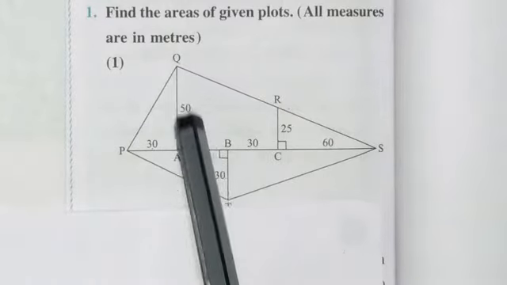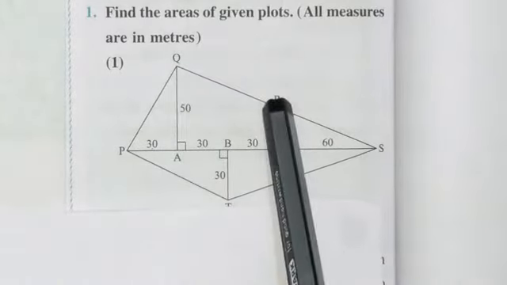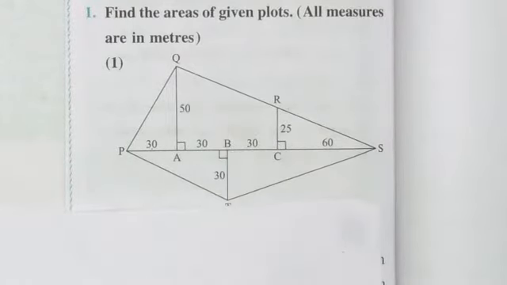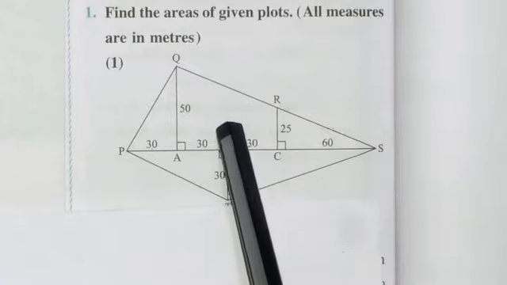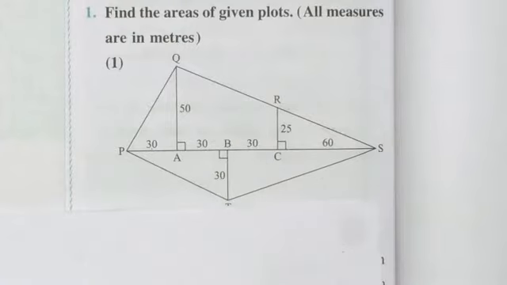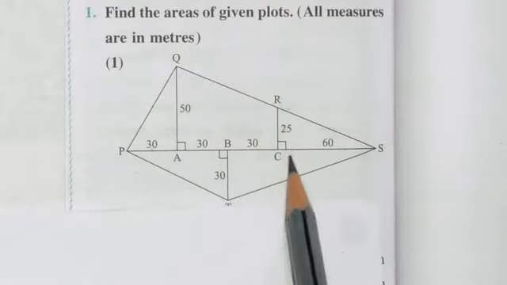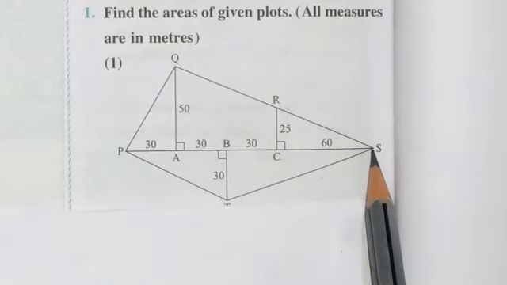After that we can get this PQCR, which is nothing but one type of quadrilateral. So we can easily find out the area of this quadrilateral. Later on we can go through this triangle. This triangle RCS is also one type of right angle triangle.